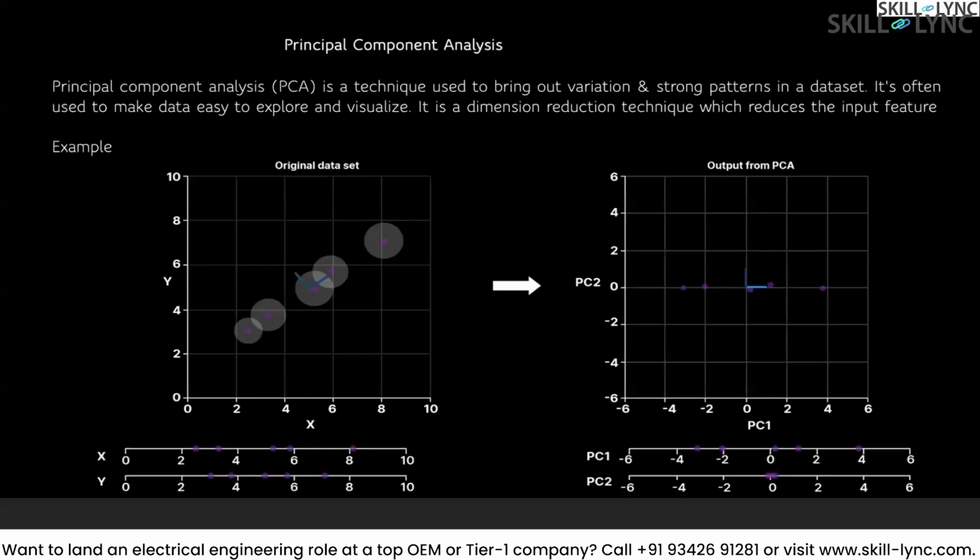For example, if you have 10 input features which have 100% of the information of the data, and now once we implement principal component analysis, it will come up with new 10 input features such that 3 features would have 95% of the information, and the remaining 7 converted features would have only 5% of the information about the data set.